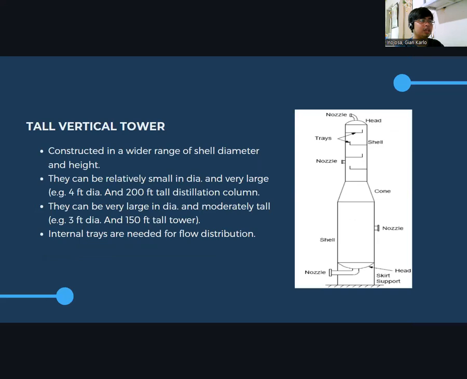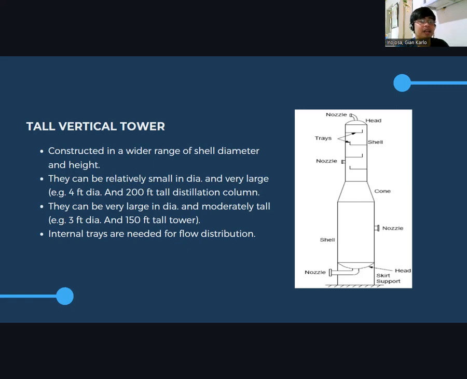So, the tall vertical tower is a sample of a type of vessel which is constructed in a wider range of shell diameter and height. This is one type of vertical pressure vessel. They can be relatively small in diameter and very tall. An example is a 4 feet diameter and 200 feet tall distillation column.